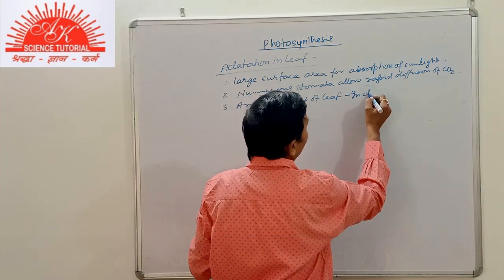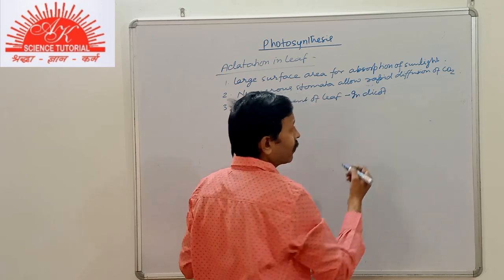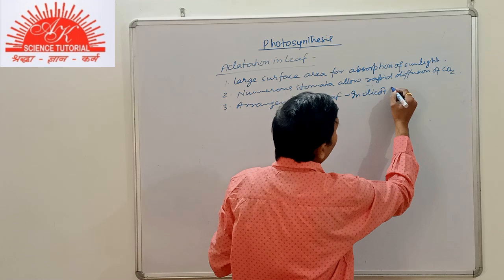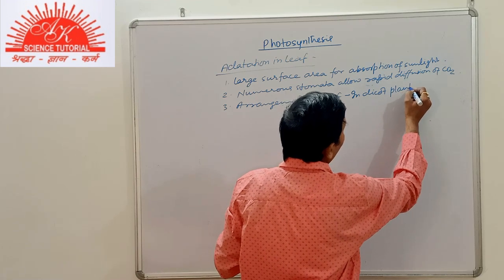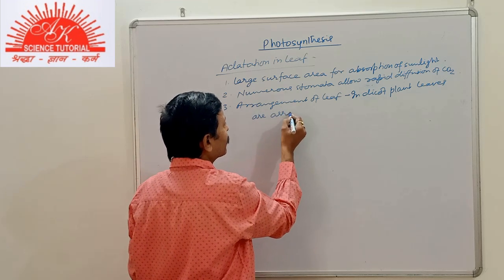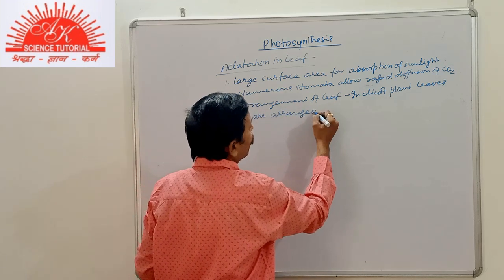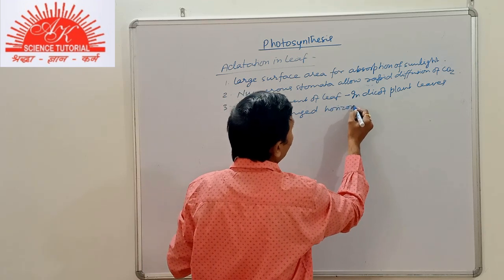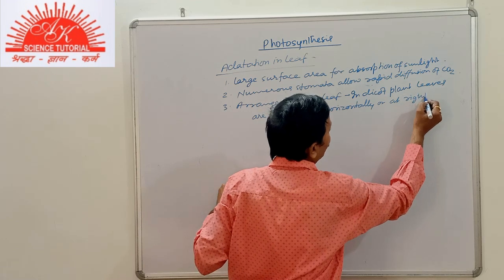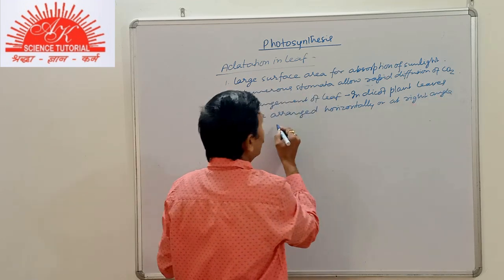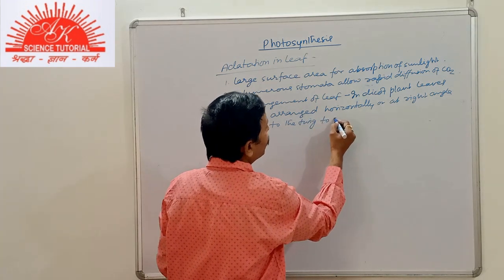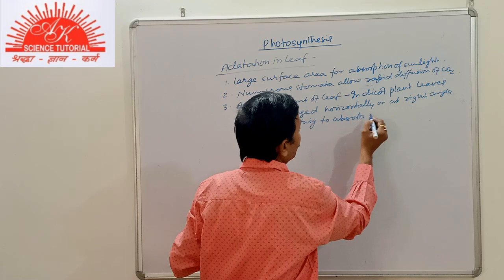So in dicot plants, also known as dorsiventral leaf, the leaves are arranged horizontally or at right angle to the twig to absorb maximum sunlight.